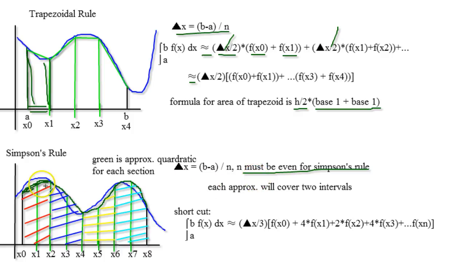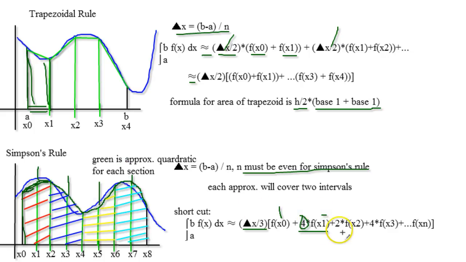Now, shortcut, I'm not going to show you the long part of how we got delta x divided by 3, but here's the pattern. The first term is the function of x sub 0, so it's just this length. And then we're going to add 4 times the function of x sub 1. So for every odd x placement, we are going to multiply it by 4.